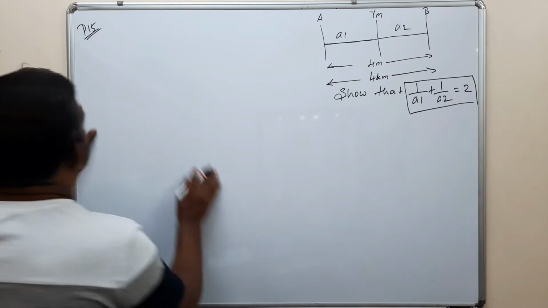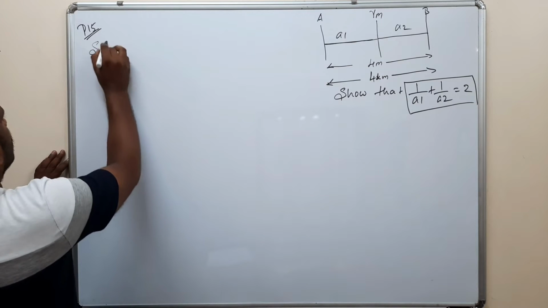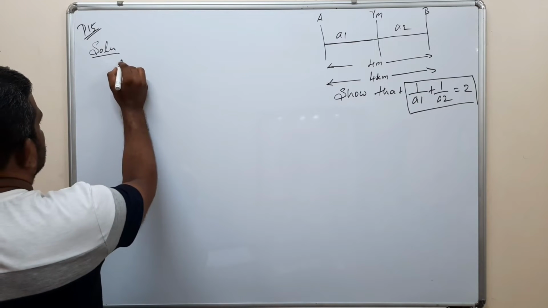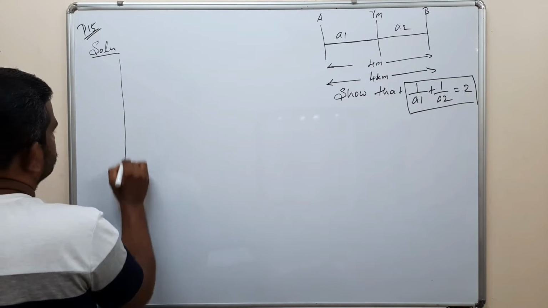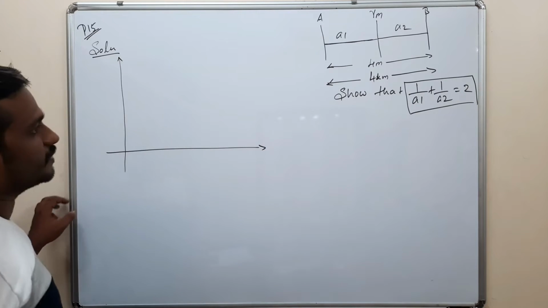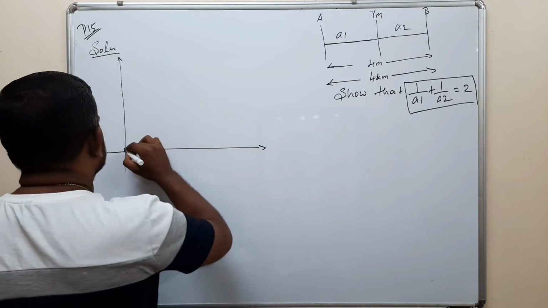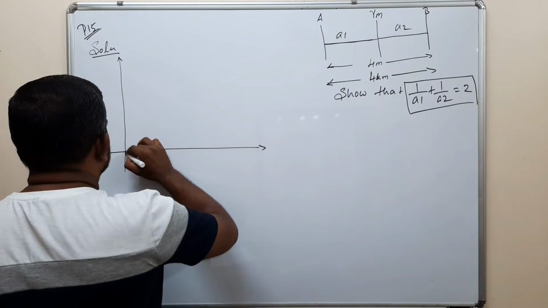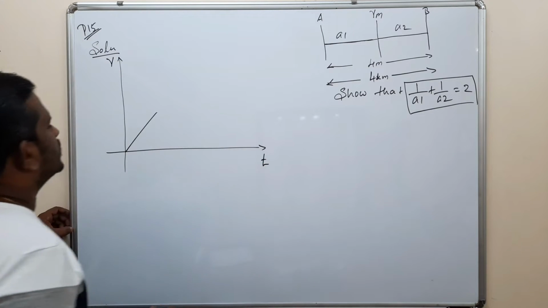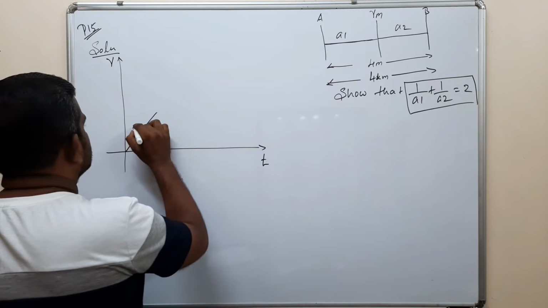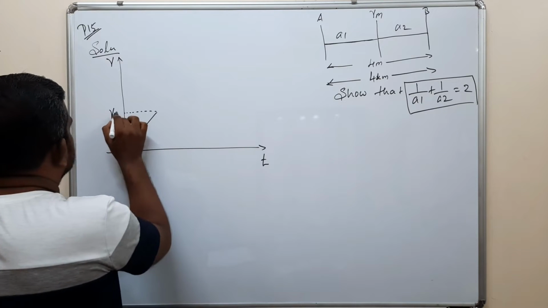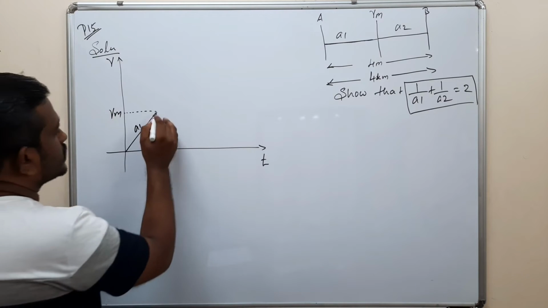So what I am going to do in the solution is draw the velocity time graph. Okay, velocity time graph. So the train starts from rest and moves with a constant acceleration a1, and at this point it reaches a maximum velocity, that is Vm.